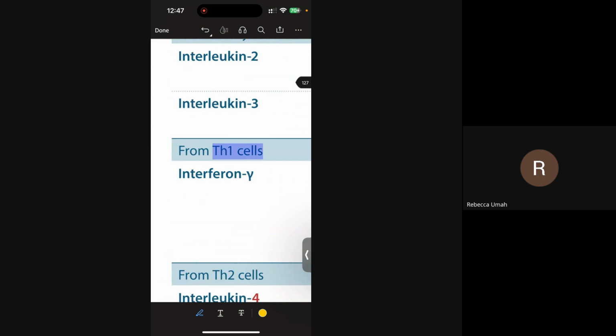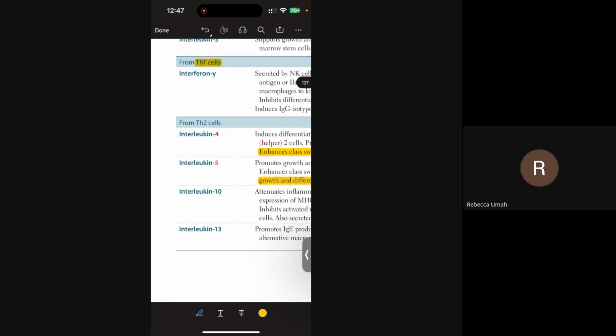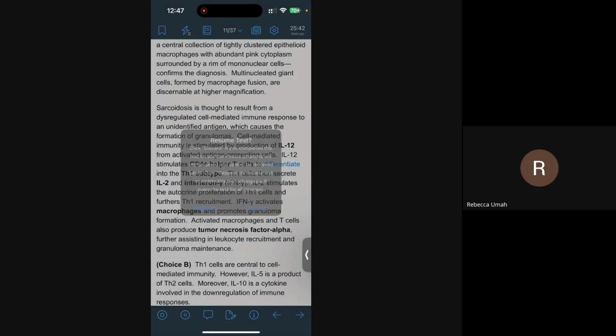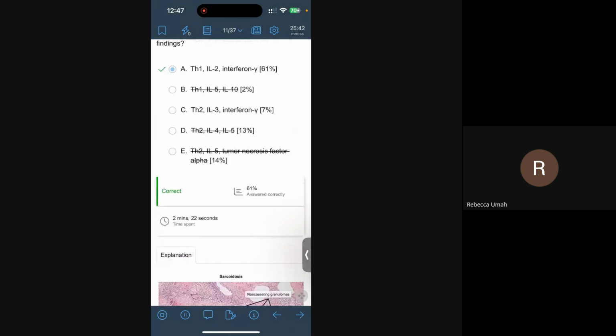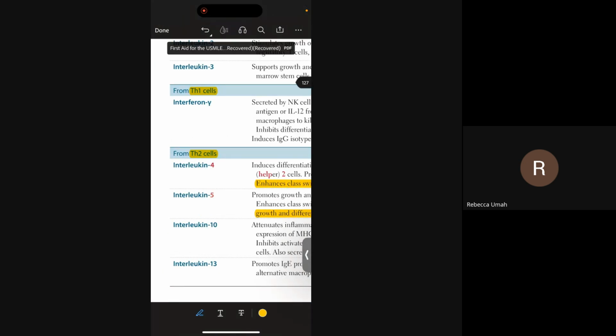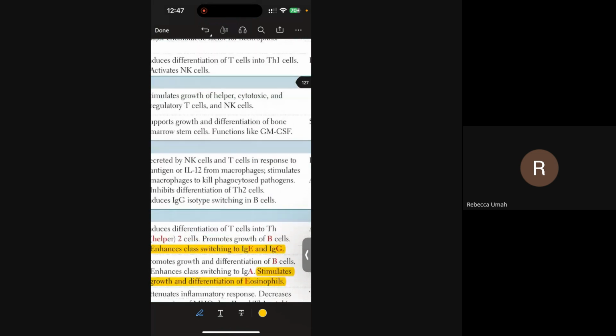Th1 cells. And interleukins 4, 5, 10, 13 are released by Th2 cells. So you can see in option C, there is Th2 cell, and we know that the Th1 cells are the ones which are involved. So it is going to be Th1, interleukin 2, and one more, interleukin 12 as well.